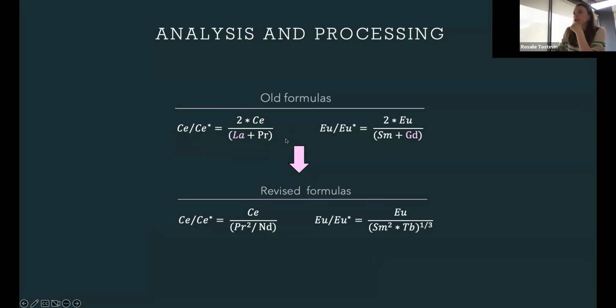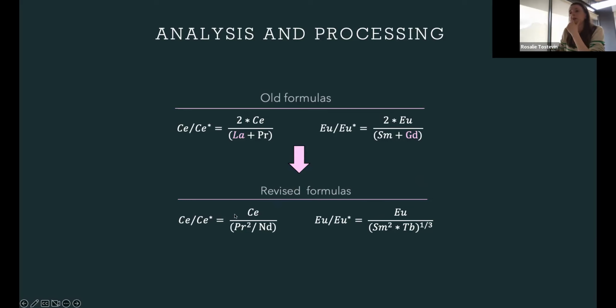But unfortunately, both lanthanum and gadolinium can also show anomalous behavior, right? And what we're trying to do is quantify the concentration of cerium relative to the hypothetical concentration if there wasn't any redox-related cycling. And that requires you to look at the trajectory of the non-anomalous rare earths when they form this nice, smooth slope, and project where cerium would be along that line if it wasn't behaving in an anomalous fashion.